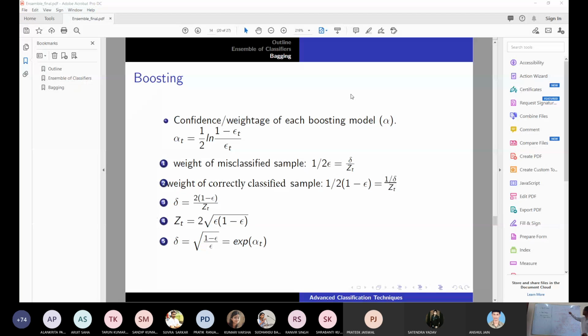That is directly related with the error. Then we realize how this is coming.